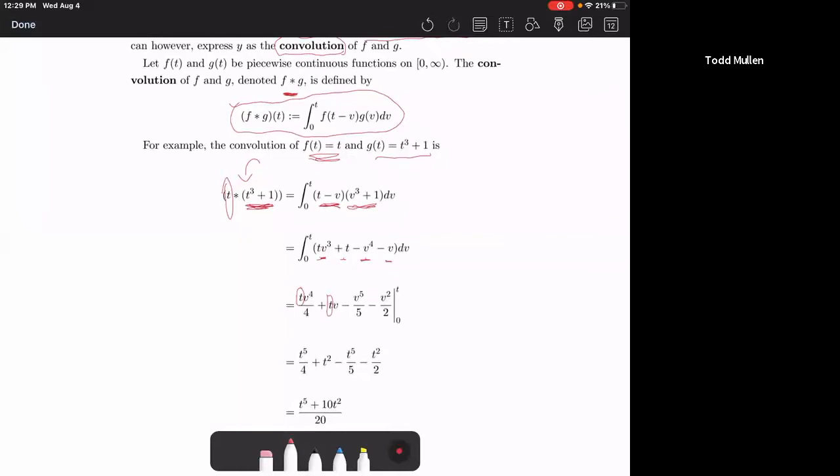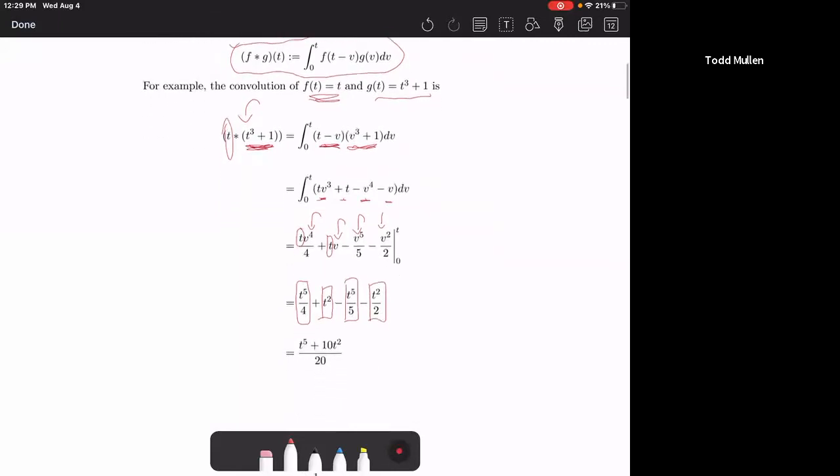In all of these instances, if I plugged in 0 for v, it would just go to 0. So all I have to do is plug in t. So I get t to the 5 over 4 plus t squared minus t to the 5 over 5 minus t squared over 2. And simplified, we get a final solution to that convolution as t to the 5 plus 10t squared over 20. So that's how you can do a convolution of two functions.